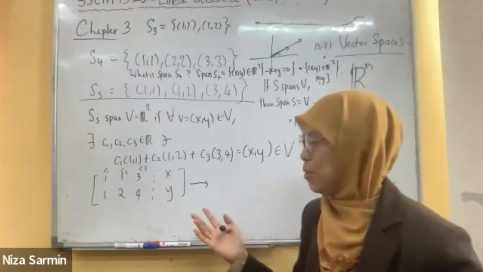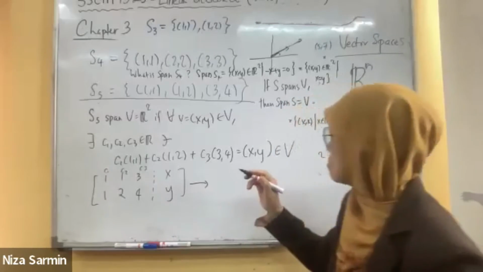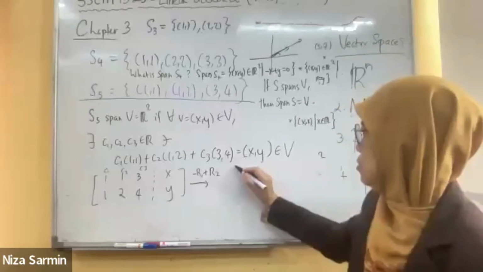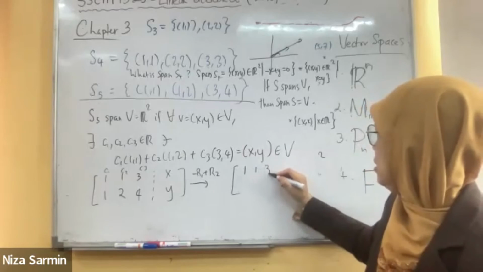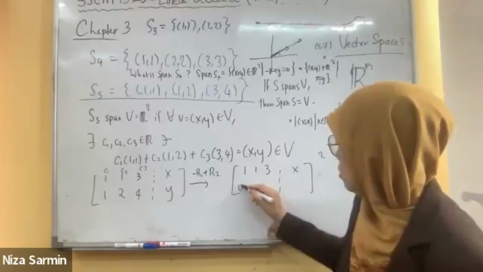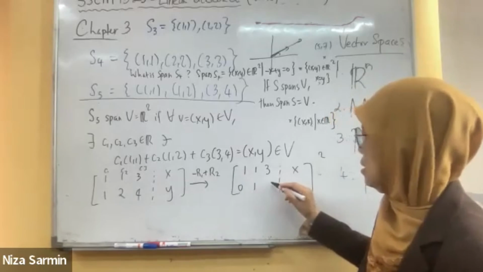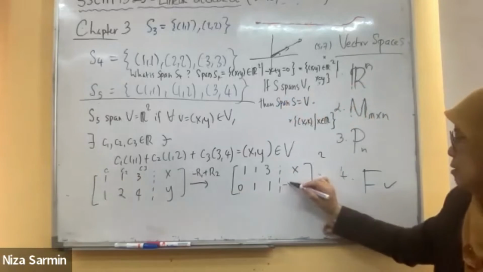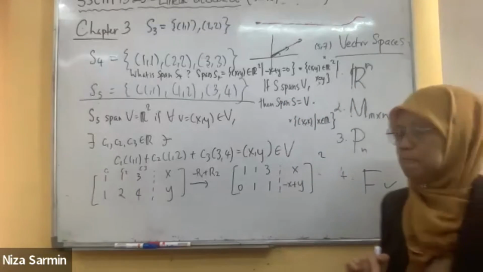Okay, so I want to solve this. Negative R1 plus R2. So what do you get? Row 1: 1, 1, 3, x. Row 2: 0, 1, 1, negative x plus y.